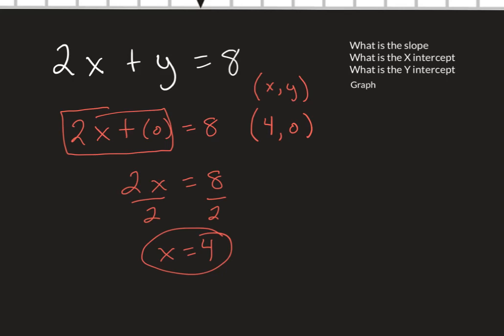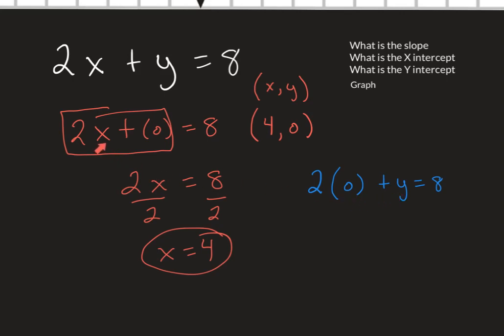Now let's find the y-intercept. So if I want the y-intercept, I'm going to plug a 0 in for x. So I've got 2, and in the place of x, I'm going to put 0, plus y equals 8. So notice, I plugged a 0 in for x, so I can find the y-intercept.